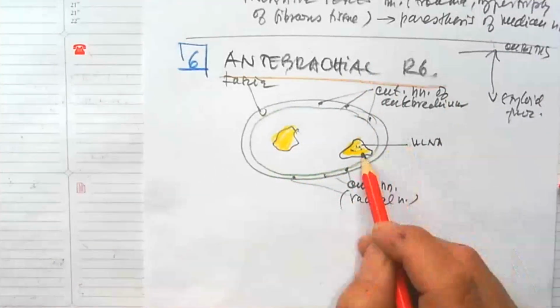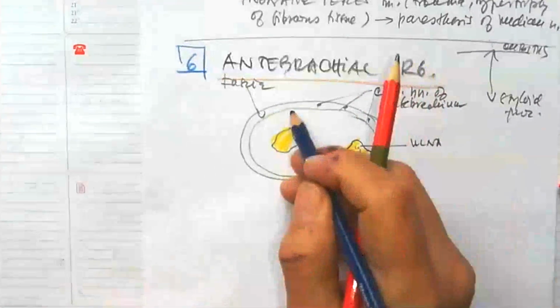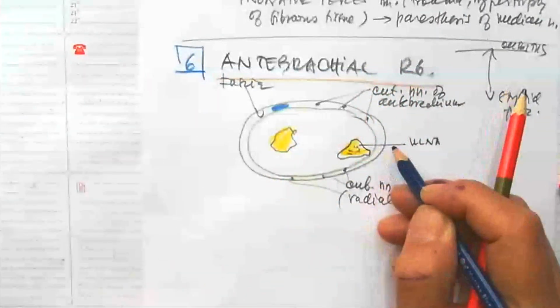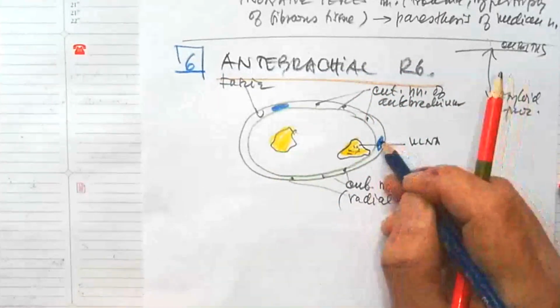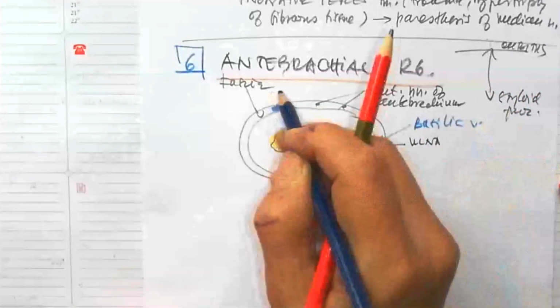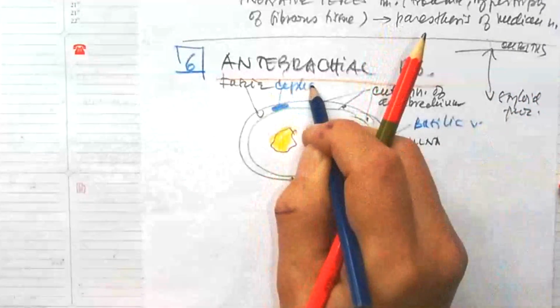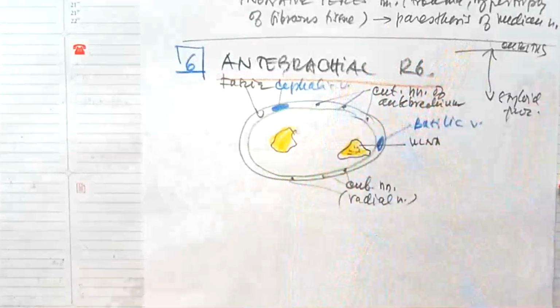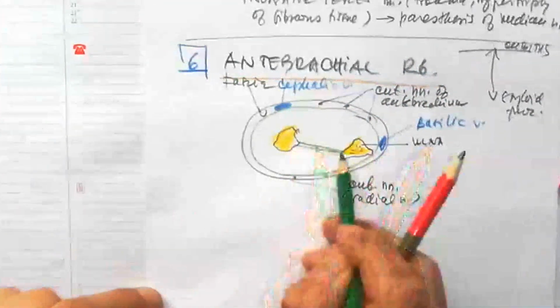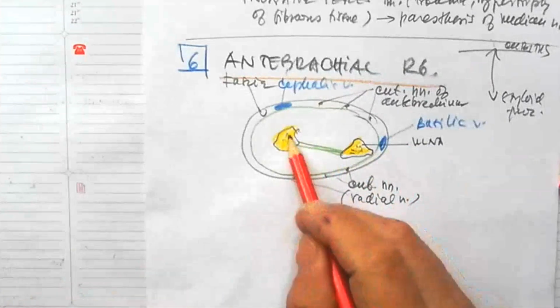That's it. And in the subcutis, note please that we have to repeat the position of the cephalic and basilic. So the basilic vein on the medial side, and the cephalic vein, described several times. That's it. Don't forget the position of the interosseous membrane.